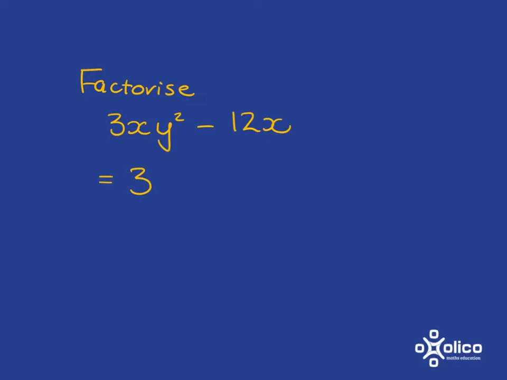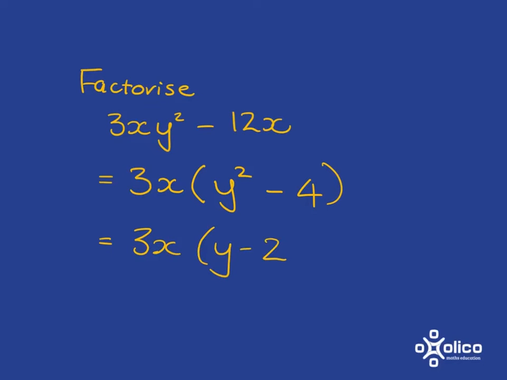Well, yes, x can. And so what are we left with? We're then left with y squared. And from the 12x, we are left with minus 4. And now we have got a difference of two squares, and so we just factorize.